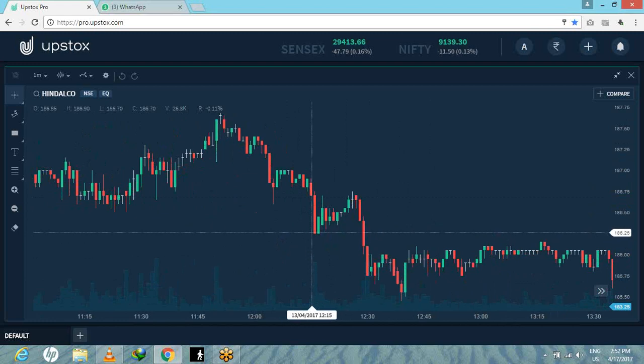Here you can see one thing clearly. See here, earlier this level was my support, and now one big candle broke through this support, and now how this becomes resistance, let me show you.